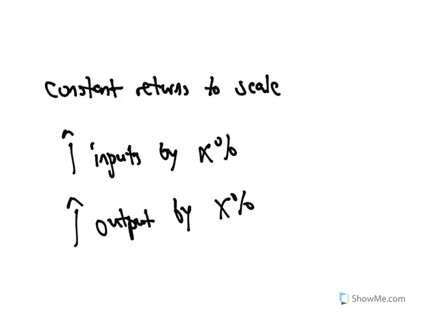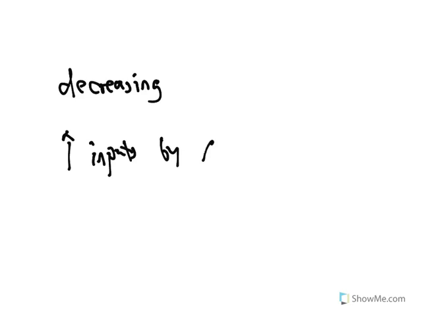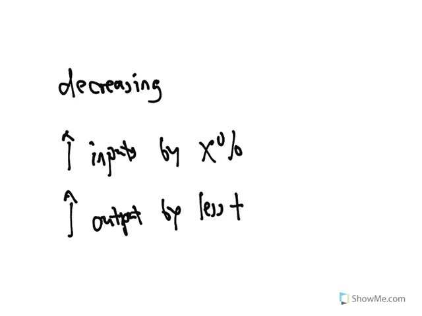And then finally, as I'm sure you've guessed, there's decreasing returns to scale. I'm not going to write out returns to scale. I think you get it by now. This would be the idea that if you increase your inputs by X percent, you'll still increase your output, but by less than X percent, right? So I'm actually not getting as much out of my resources as I should be. 50% increase in inputs, only a 20% increase in output.